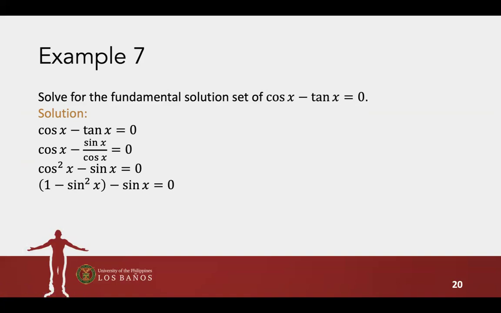So by just rearranging in descending exponents, we're going to have sine squared x plus sine x minus 1 equals 0. So what we did here is that after rearranging negative sine squared x minus sine x plus 1 equals 0, we divided both sides by negative 1 so that everything will just be positive and it will be easier to solve.